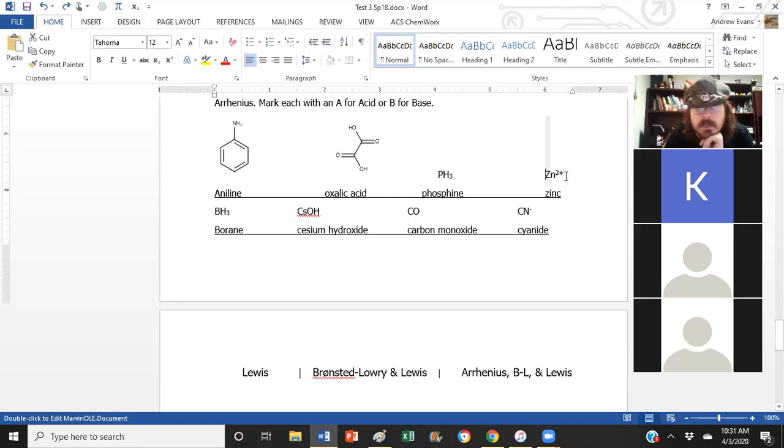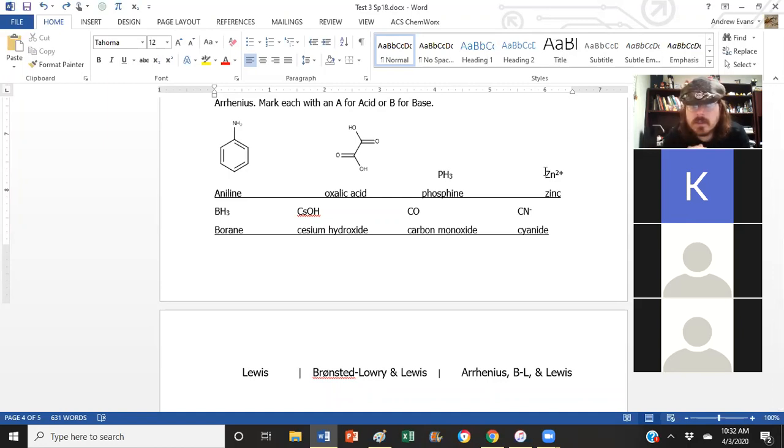But these guys, zinc, phosphorus, carbon monoxide and borane, do not have a Ka or Kb associated with them. So they are not going to be Bronsted-Lowry, but they're going to be Lewis acids and bases. Now, what classifies these guys as acid and base?